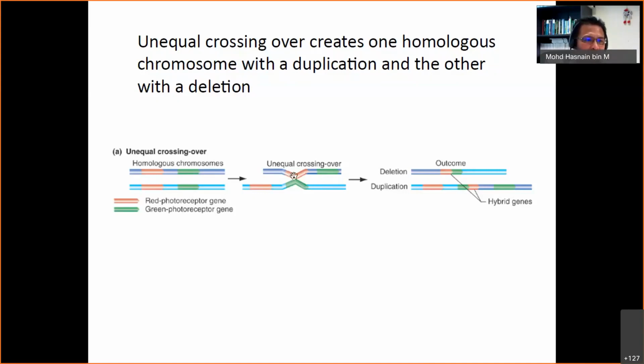When crossing over occurs at this region, you can have a deletion on one side and duplication on the other side, although they are homologous chromosomes. All right, so unequal crossing over.